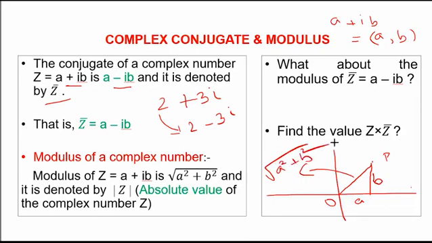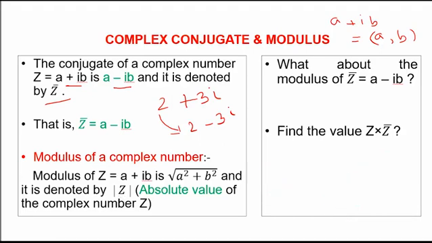Therefore the modulus of z, a plus ib, is equal to root of a square plus b square, and it is denoted by the absolute value. That means two straight lines with the complex number z in between is called the complex absolute value. Let us go for finding the modulus of z bar is equal to a minus ib.